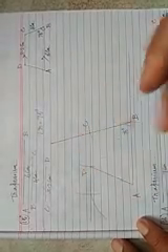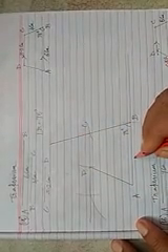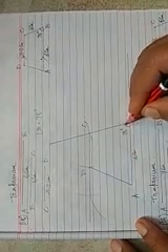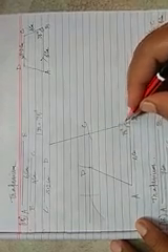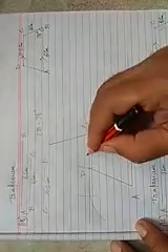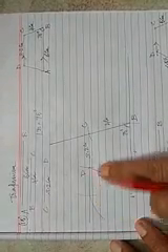So this is the required trapezium ABCD, where AB equal to 6 centimeter, angle B equal to 75 degree, line segment BC equal to 4 centimeter, and CD equal to 3.2 centimeter. We found this point only to draw this line which is parallel to AB.